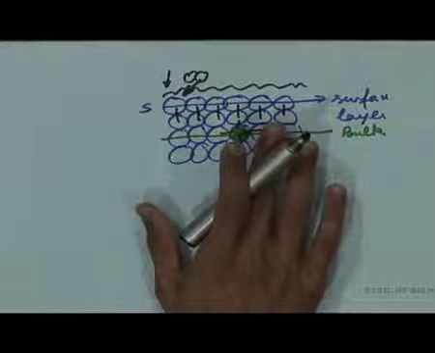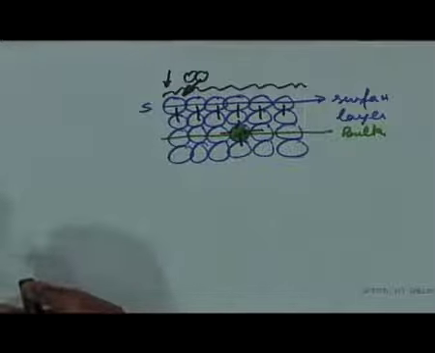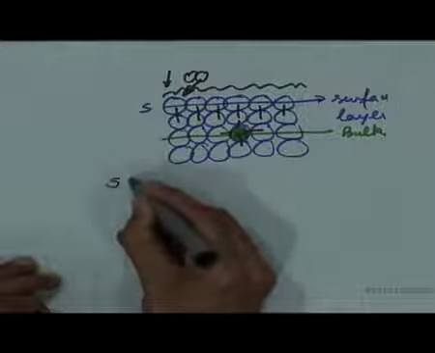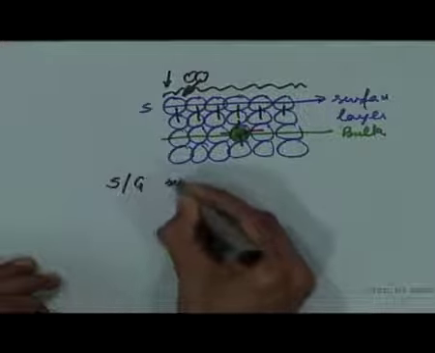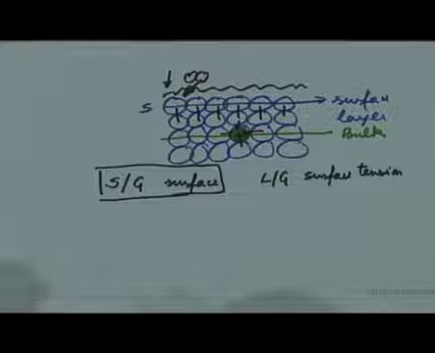So, the first thing that we will do is to look at some of the phenomena that happen in surfaces. And most of what we will do is look at the solid gas surface. You could have other things like the liquid gas surface, where people would be interested in surface tension and things of that nature, but what we would primarily be interested in is the solid gas interface.